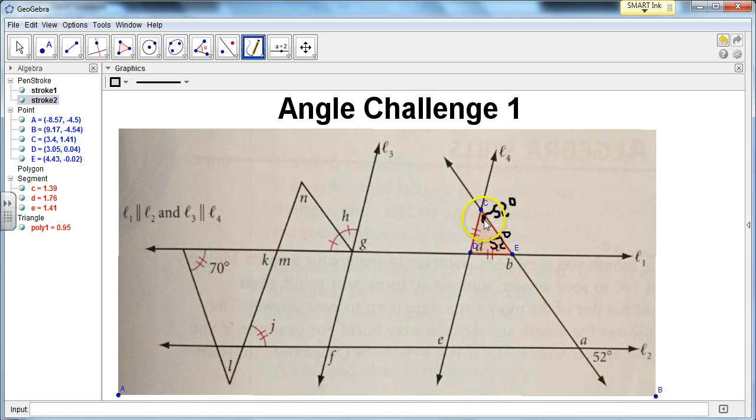If that's 52 and that's 52, we know two out of the three angles in our triangle add up to 104, right? 52 times 2 is 104. Therefore, D is the third angle in that triangle. So to find D, we take the angle sum, that 180 again, subtract 104 from it, and we get 76. So D must be 76 degrees.